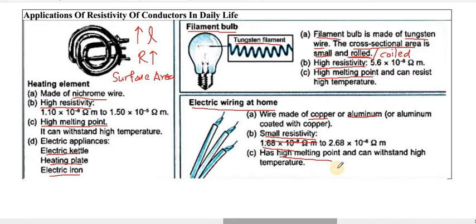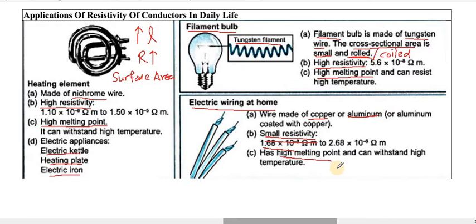Because when we use the electrical appliance for a long period of time, the connecting wire, the wiring, will also become hot. Get the idea? Because even though the resistivity is very small, there is still resistance.